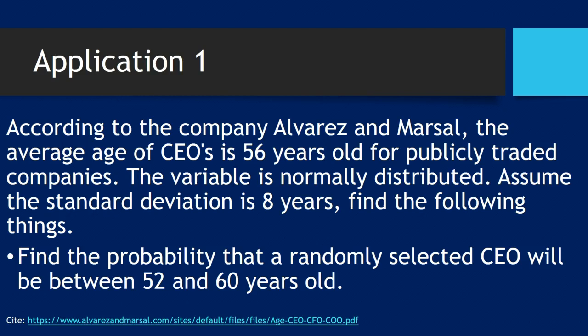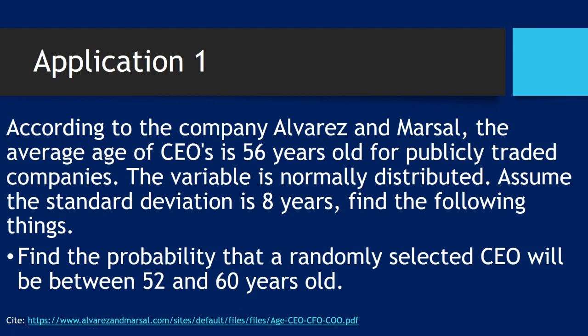And we're going to find the following things. Find the probability that a randomly selected CEO will be between 52 and 60 years old. You can see the data there. If you want to click on the site, you can find it there.